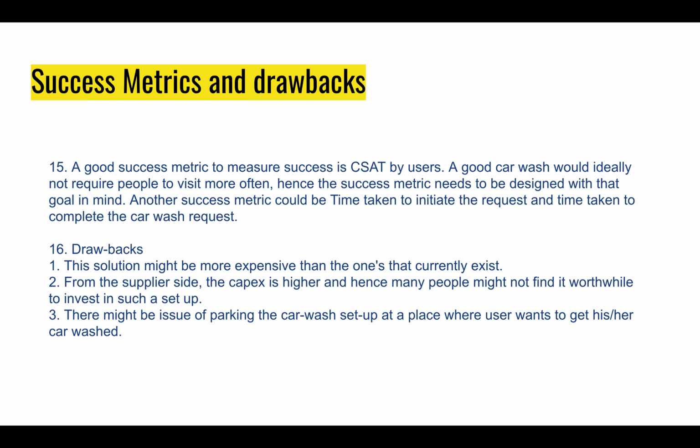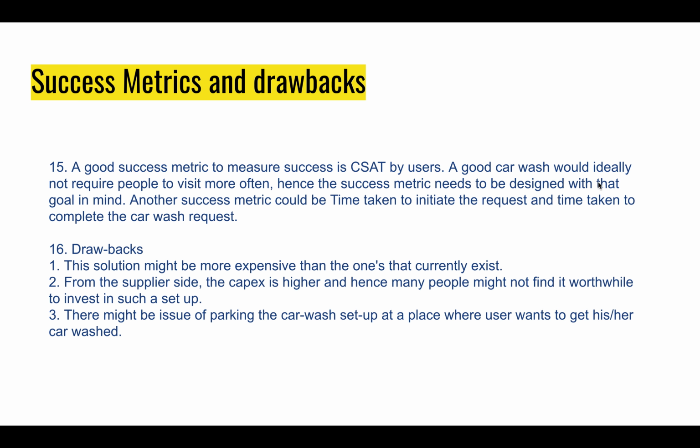Now, thinking about the success metrics, I think a good success metric for this solution would be CSAT, because we are giving a service, so customer satisfaction is paramount, and that ties to a goal, which is about giving a fantastic car cleaning experience, and which is also futuristic.